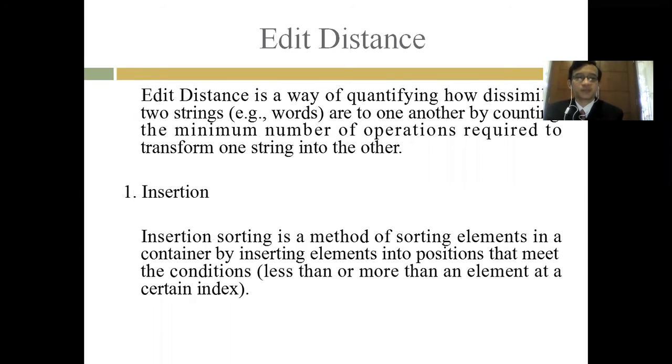Number one, insertion. Insertion sorting is a method of sorting elements in a container by inserting elements into positions that meet the conditions less than or more than an element at a certain index.